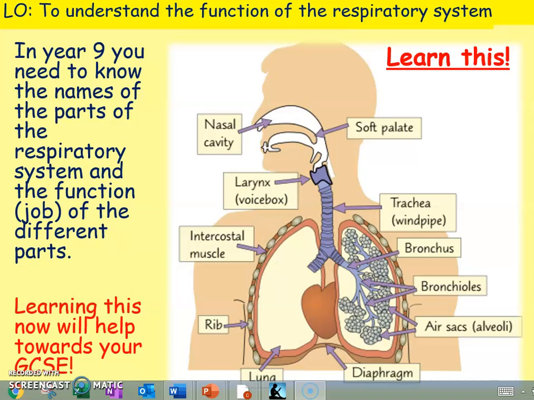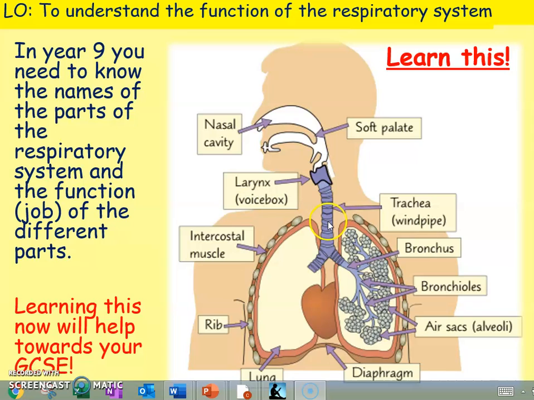So the nasal cavity allows you to inhale air along with taking air in through the mouth. The soft palate is some tissue that's found between the nose and the mouth. As we move down, we've got the larynx. Now the larynx or the voice box vibrates to help you to produce the sound when you speak.